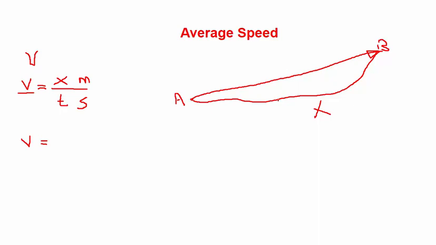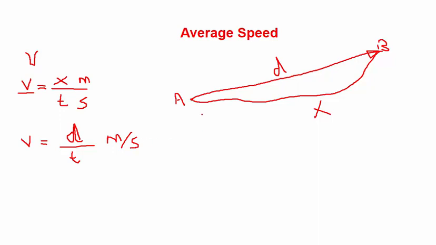That is not the same as x, the distance covered. So if I call the displacement d, then average velocity is the displacement divided by time. It is also measured in meters per second.